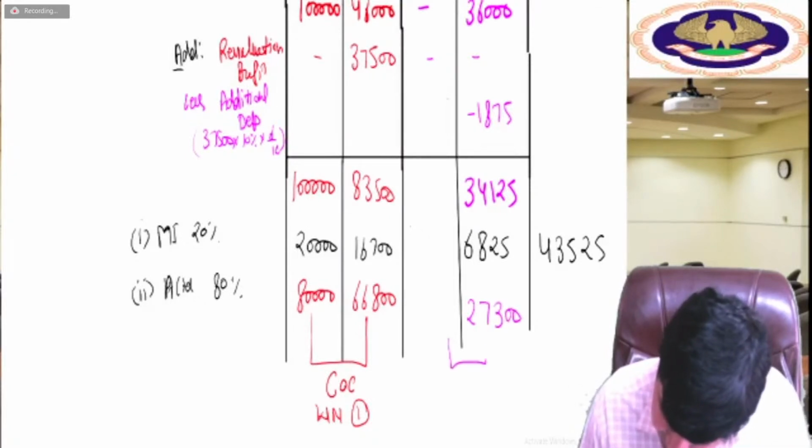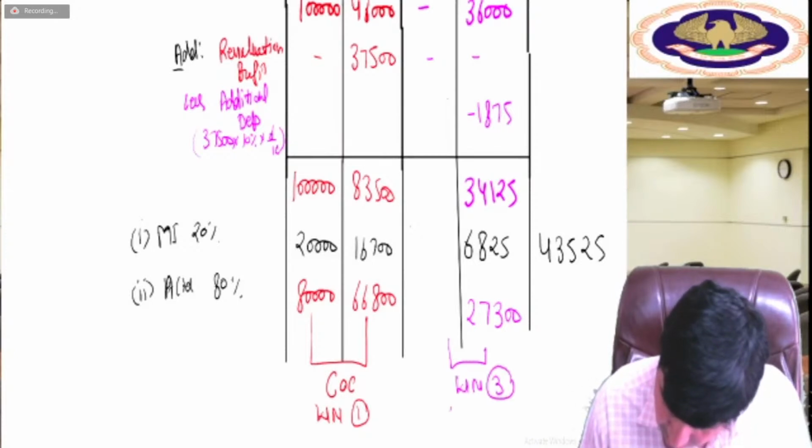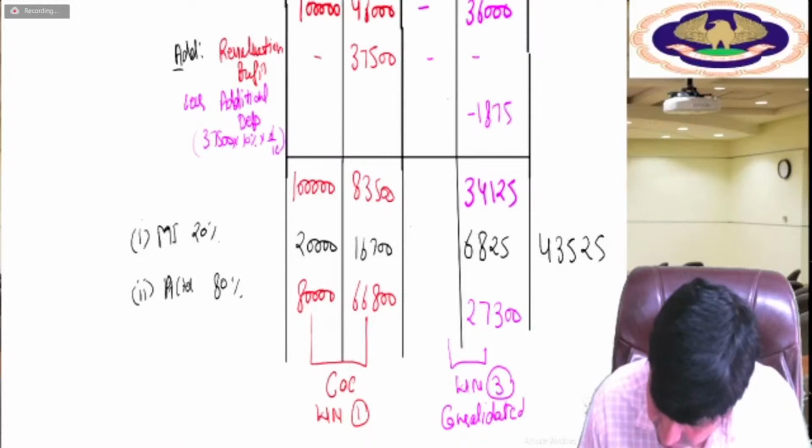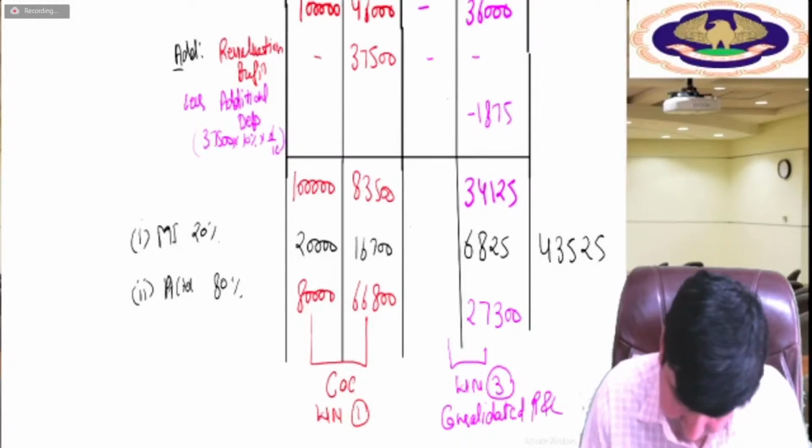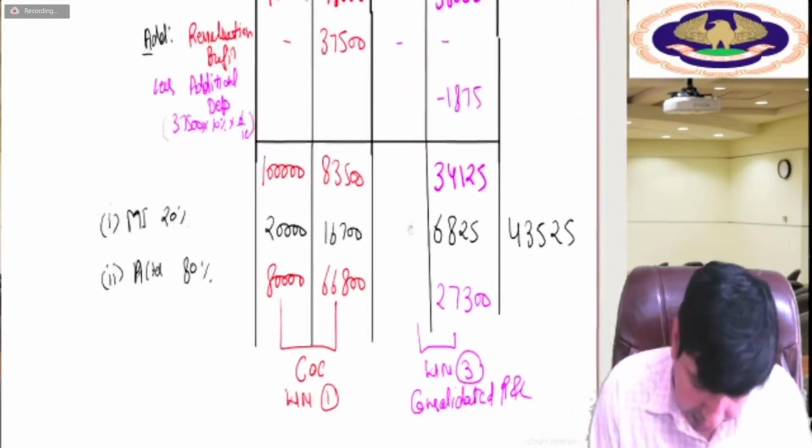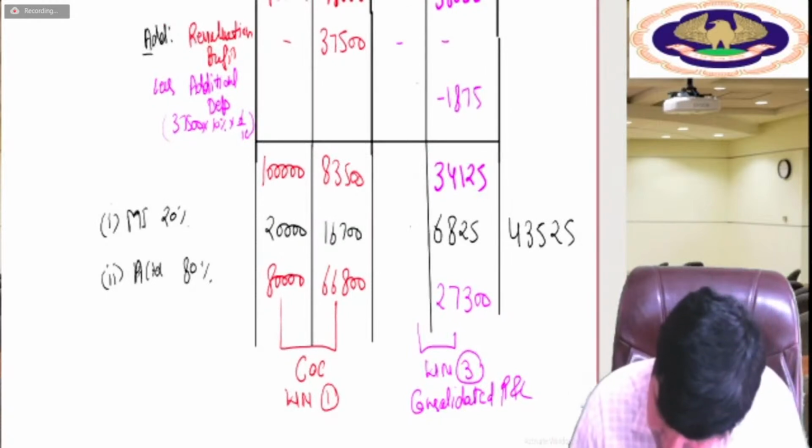This must be transferred to working note number 3, consolidated reserves and surplus, and the other figure must be transferred to minority interest, working note number 2.